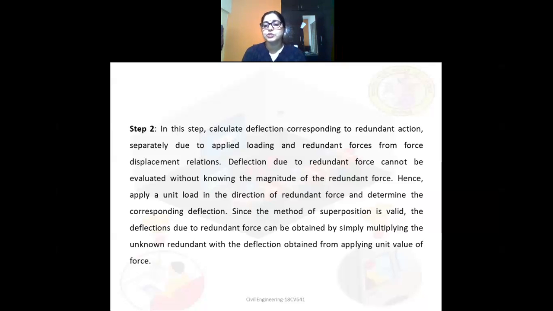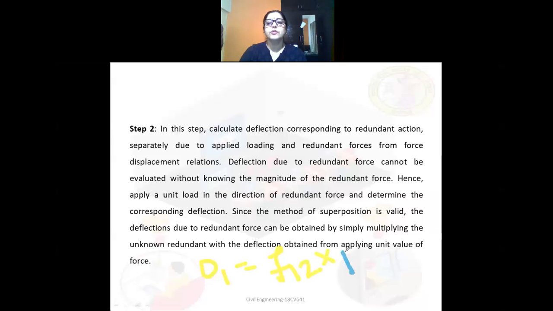Since the method of superposition is valid, the deflections due to the redundant force can be obtained by simply multiplying the unknown redundant with the deflection obtained from applying a unit value of the force. That is the flexibility influence coefficient that we discussed in the previous session. If I want to know the deflection at coordinate 1, D1 is equal to F12 into the redundant force.